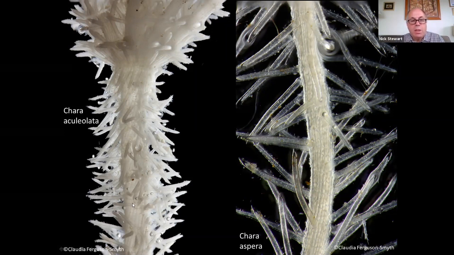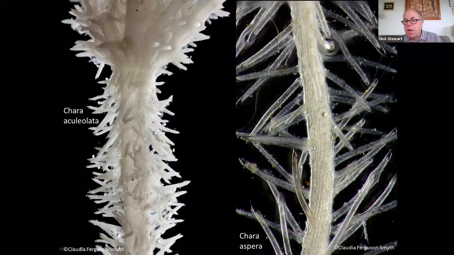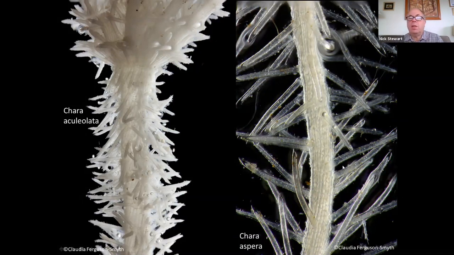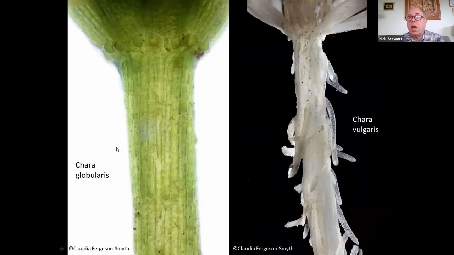So these are clustered spines, whereas here they're just coming out one at a time, singly down the stem. By contrast, this one has blunt tip spines, and they're single.